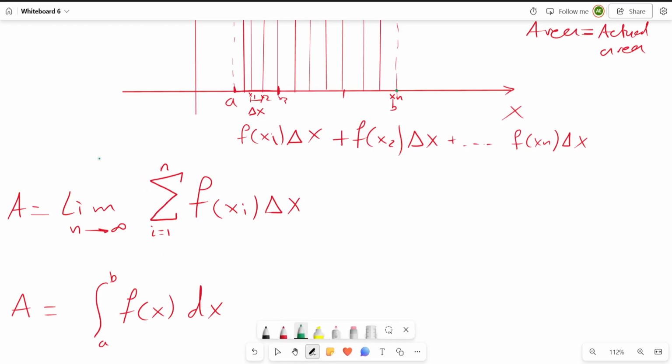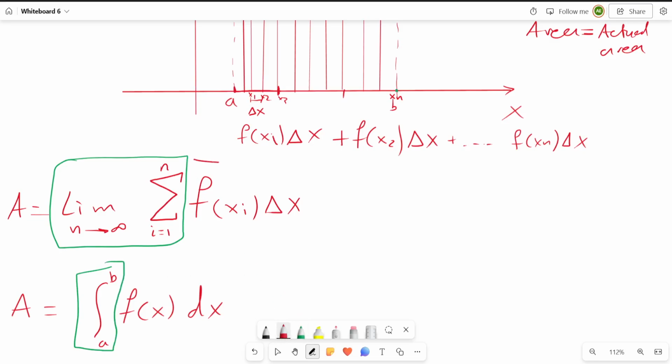This part over here is replaced with this sign that looks like an S. It's kind of an elongated S, which is basically a notation for sum. So this part over here is the same as this part, and this part over here is the same as this part.